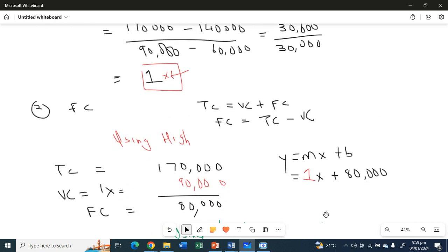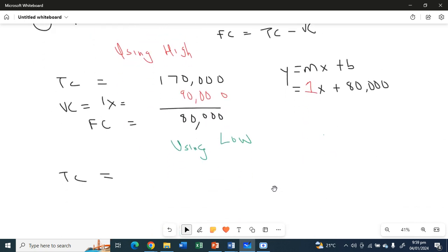So using the low, total cost 140,000. Then we have our variable cost, which is 1x. If we substitute 60,000 for x, it's going to be 1 times 60,000. So our variable cost is 60,000.